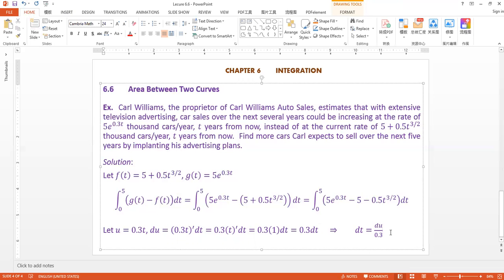Okay, and then if we are to use integration by substitution, we have to figure out the new lower and upper limits of integration for definite integrals. So let's figure that out first.